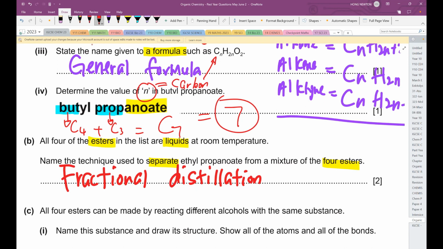Do you know where ester is used? Ladies, your mom, or boys here, gentlemen here, do you wear any perfume or not? Ester is actually used in perfume. Does your sister or your mother color their nails or not? They call it nail polish. They have green color, pink color, yellow color, and whatever color. That is actually ester as well.